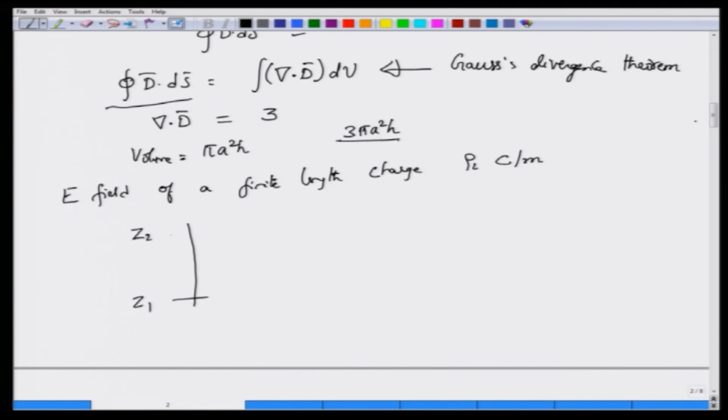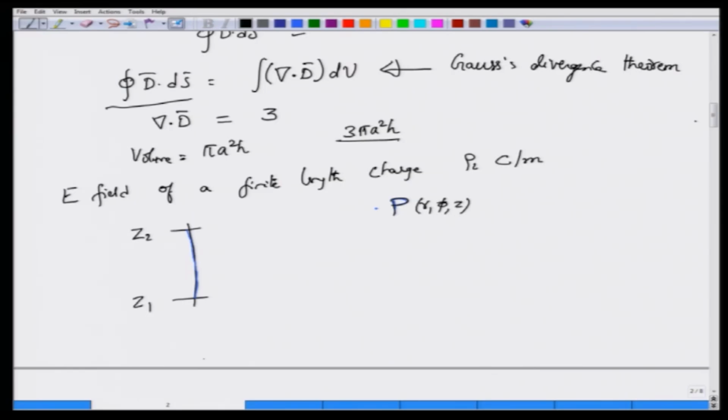This is the length of the charge. Over this, the line charge has a uniform charge density of ρL coulomb per meter, and I want to find the field at point P, away from this charge, which is defined by r, φ and z. How do I do that?